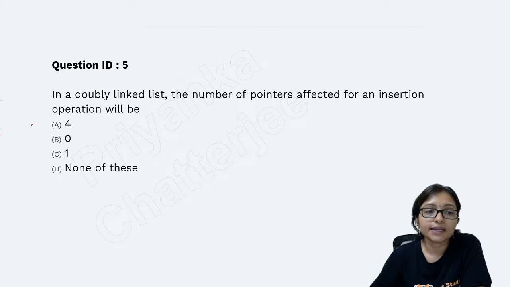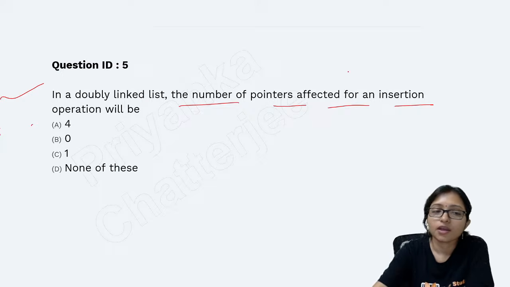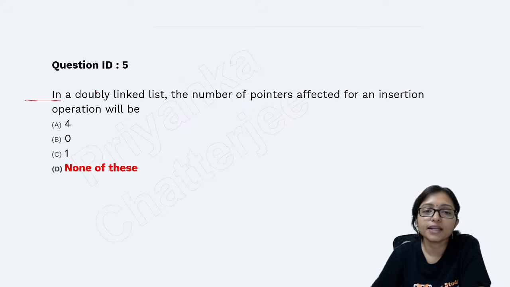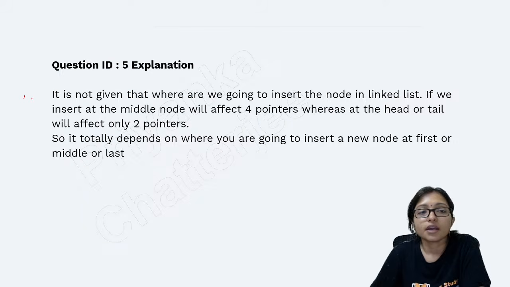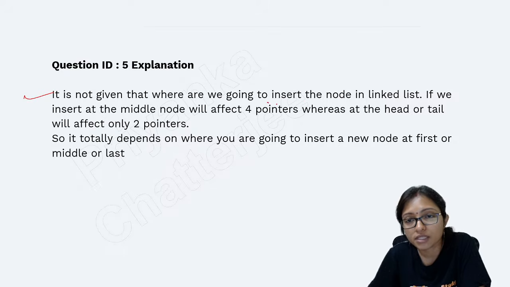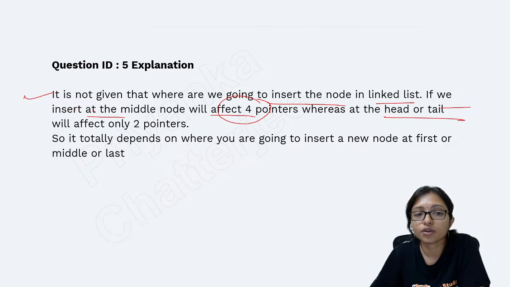In a doubly linked list, the number of pointers affected for an insertion operation will be what? Okay, so here in the doubly linked list, the number of pointers affected for the insertion will be none of these, because it's not given where in the linked list we are going to insert. If inserting in the middle, then 4 pointers are affected. If at head or tail, then 2 pointers are affected.